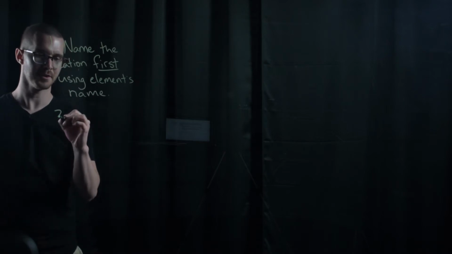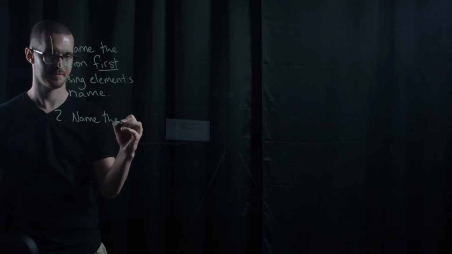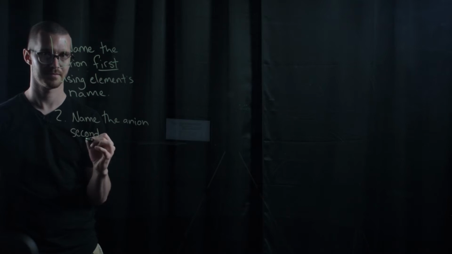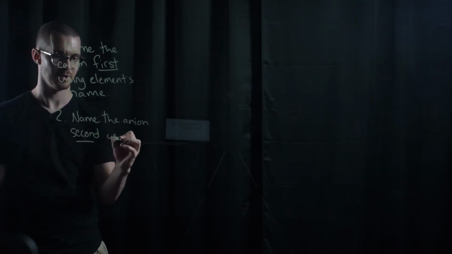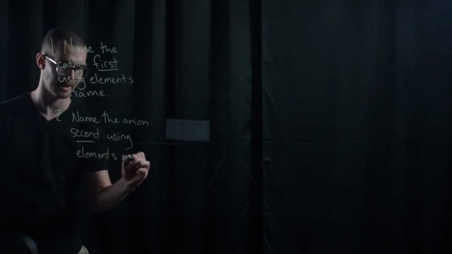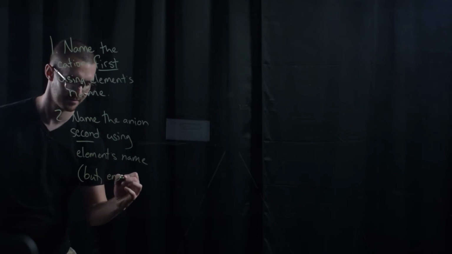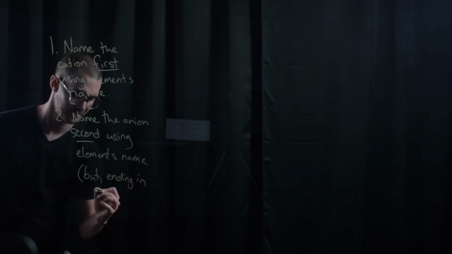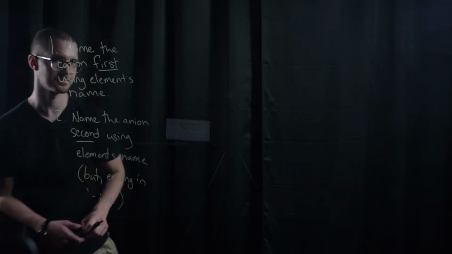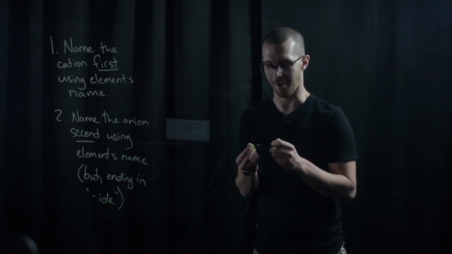Now the second rule, or the second step, is we're going to name the anion second, using the element's name, but we're going to end it in "ide." So it's these two rules that are key in naming our ionic compounds.